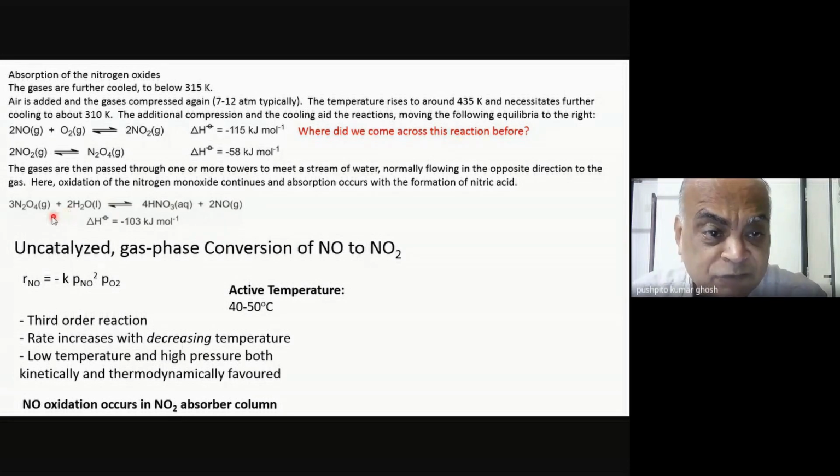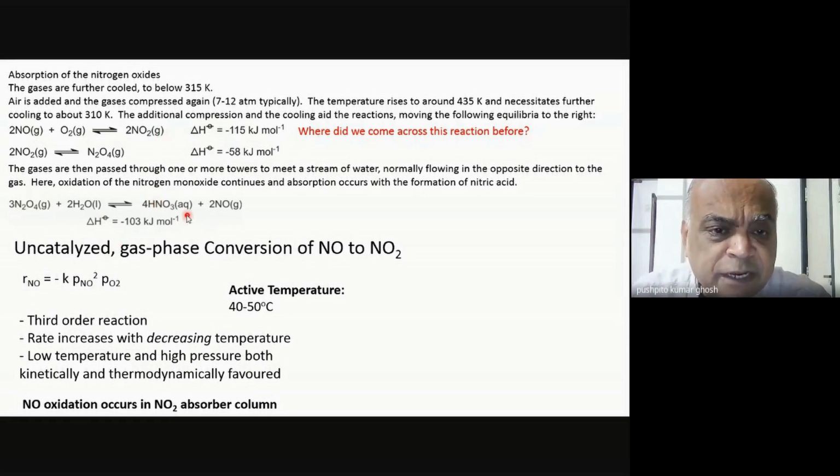So that's important. And again, like in the sulfuric acid process, we have seen that all reactions were exothermic, including the hydration, the solvation of the gaseous oxide in water. That also releases minus 103 kilojoules per mole, almost similar to the reaction energies that you have in this step, going to NO2.